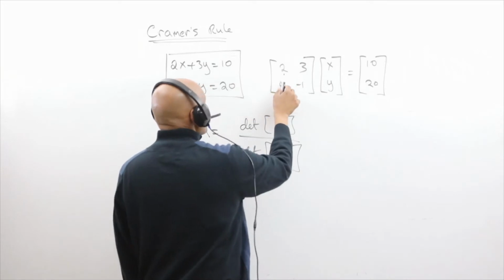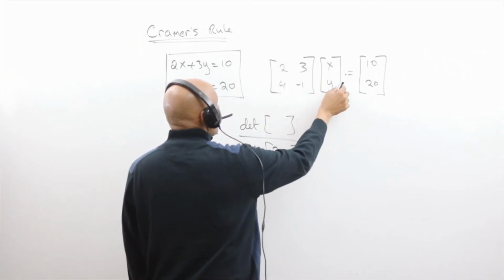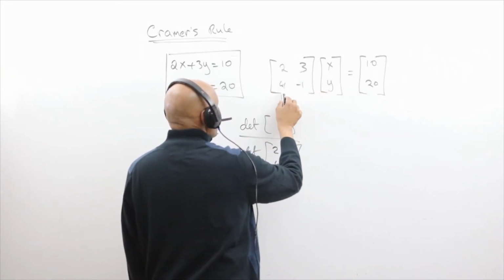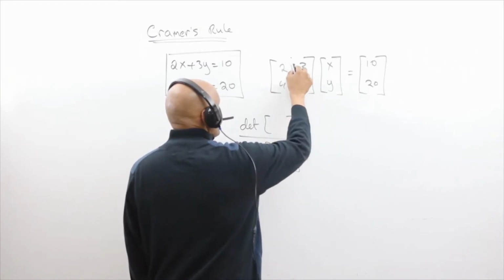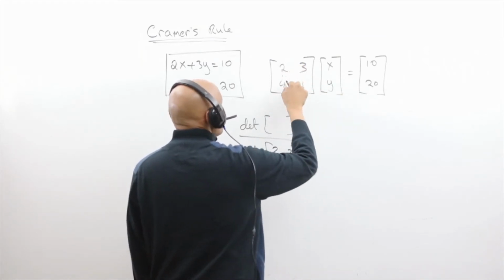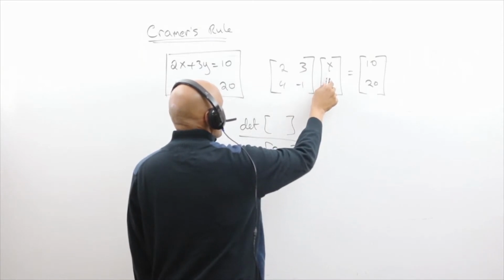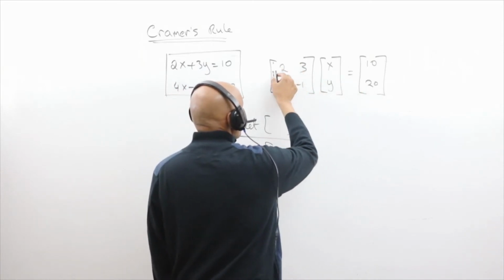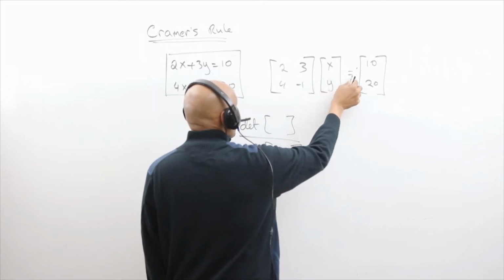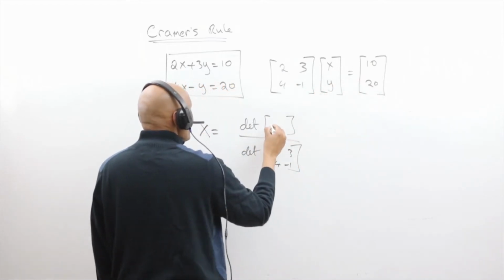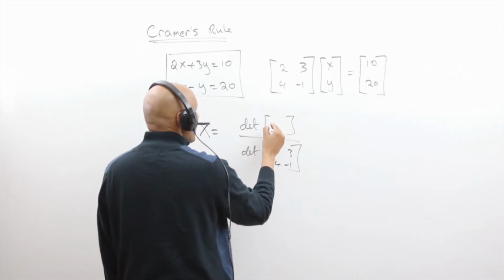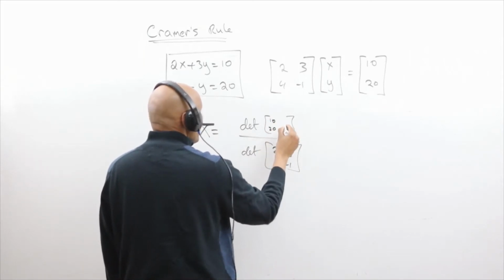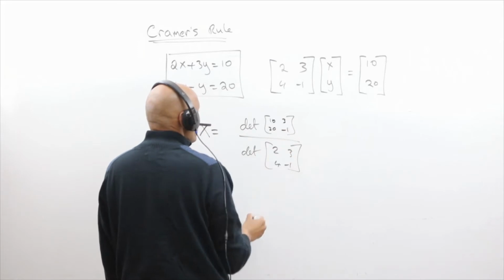The first equation is described by 2x plus 3y equals 10, and the second equation is 4x minus y equals 20. This column, 2, 4, is associated with the variable x. So we can replace the first column that's associated with x with 10 and 20. So basically the same matrix as the one below, but replace the first column with 10 and 20. So here's 10, 20, and the original second column is 3, minus 1.